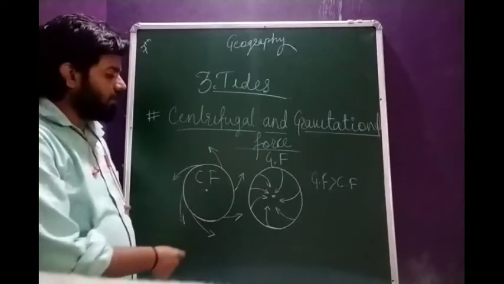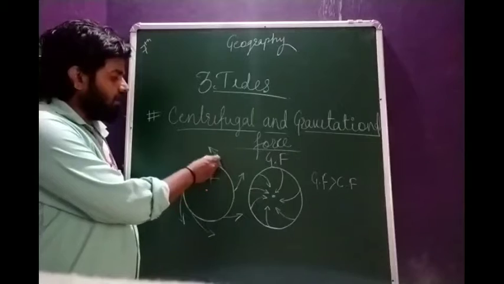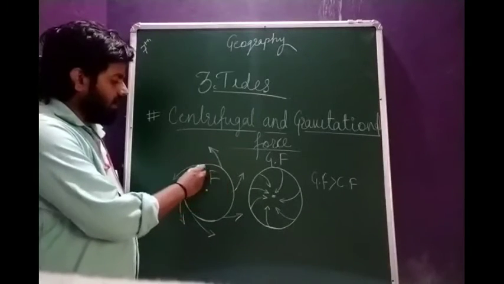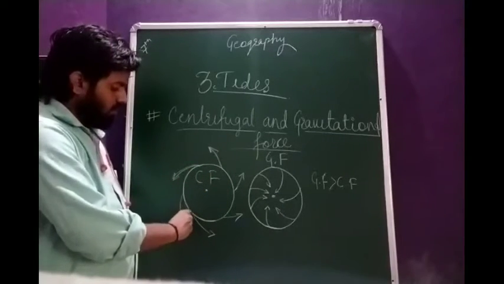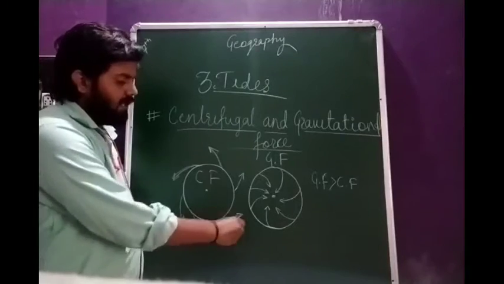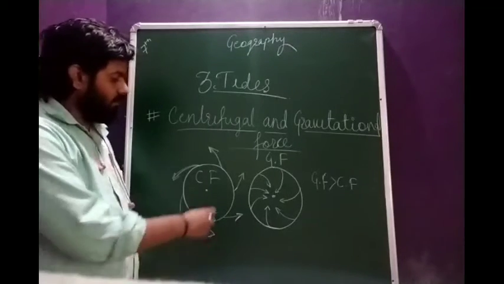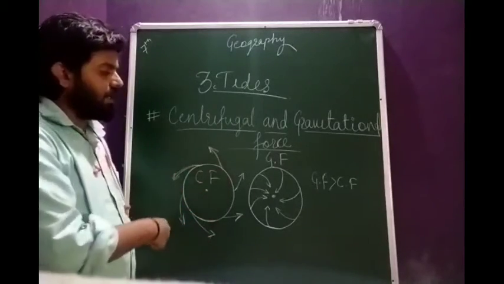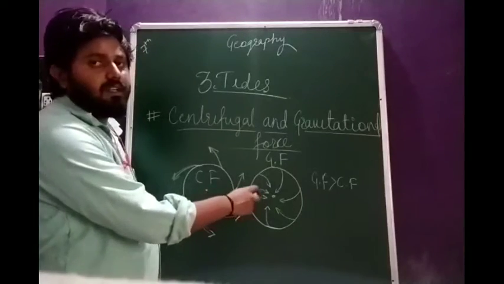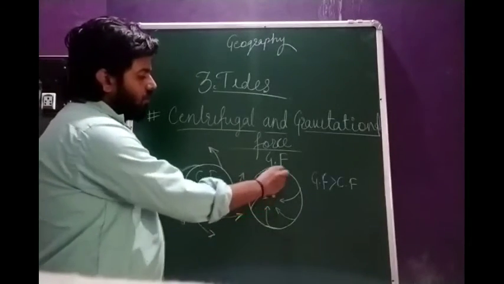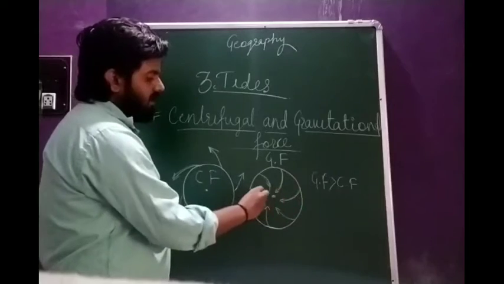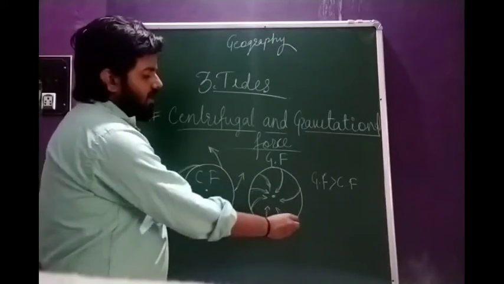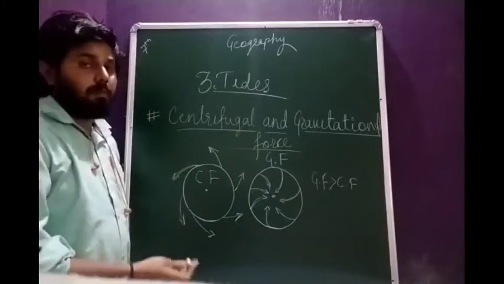In one plate, the things on the plate are thrown outside, the force is going outside, and in the other situation, the things are coming to the center of that circular plate.